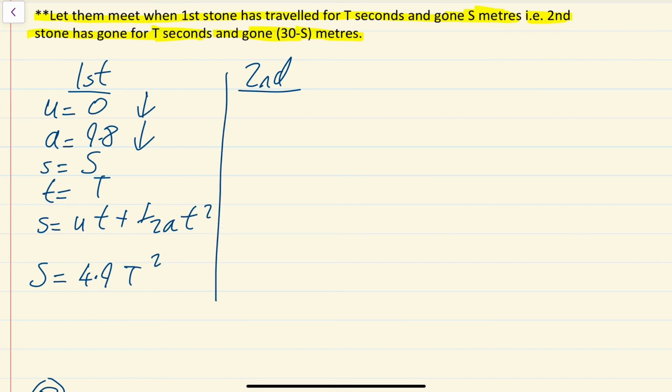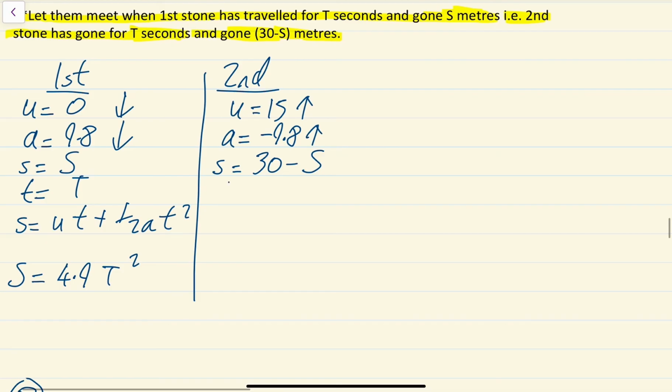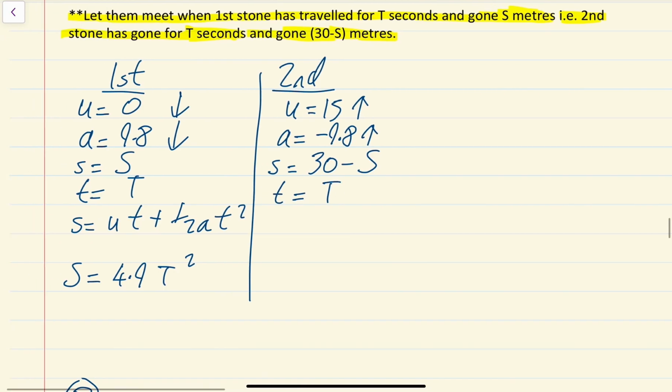And then for the one that's going upwards, it was fired upwards at 15 meters per second. My acceleration is going against that because the acceleration is going downwards, acceleration due to gravity, so minus 9.8. Your s will be equal to 30 minus big S. And our time, I think was still T, was it? Yep, it was, happy days.